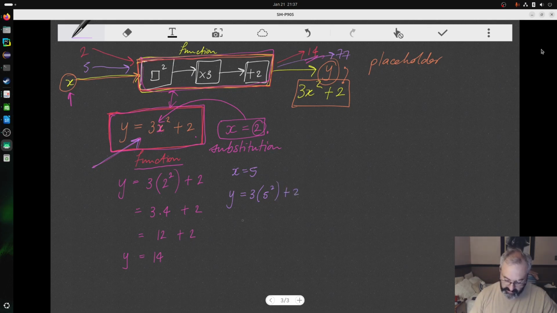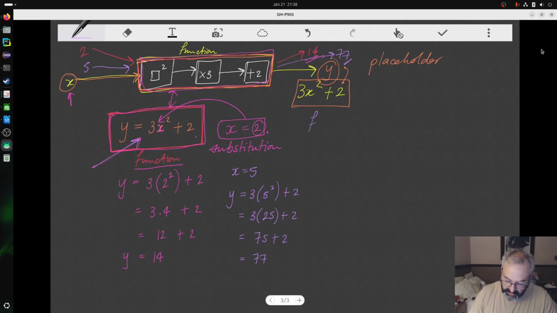That'll be 3 times 25 plus 2, which is 75 plus 2, which is 77, just as we had when we were drawing pictures. So again, the point I want to make is that the pictures and this form of the function are the same thing.